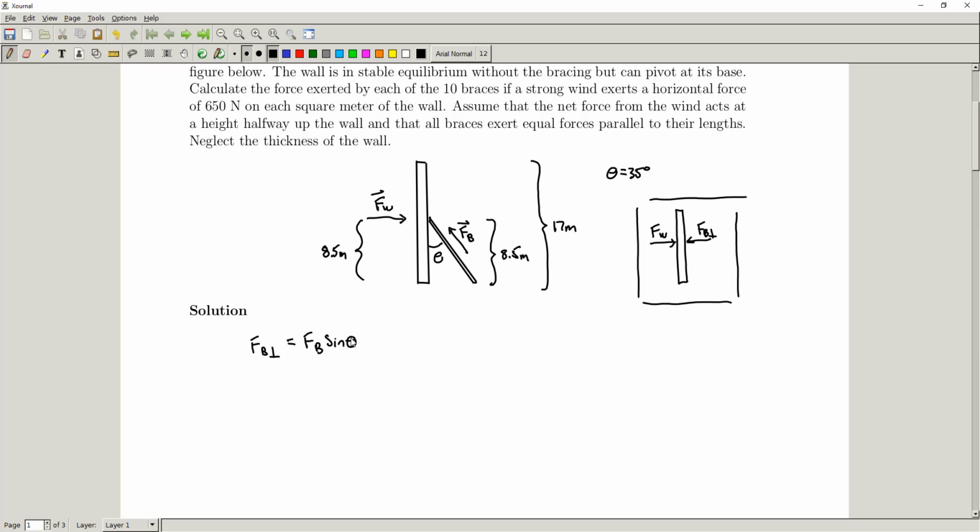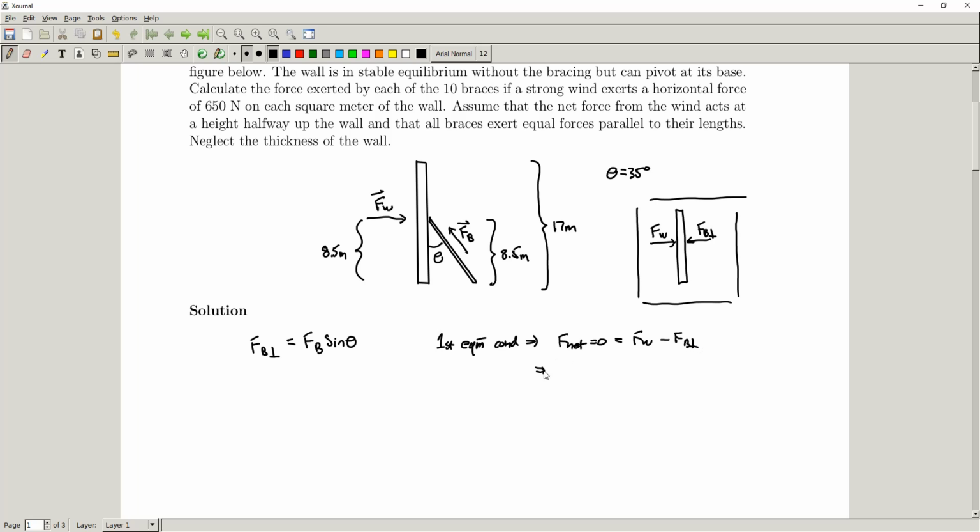We can easily say that our first equilibrium condition tells us that F net needs to be equal to 0, and our F net here is going to be FW minus FB perpendicular.